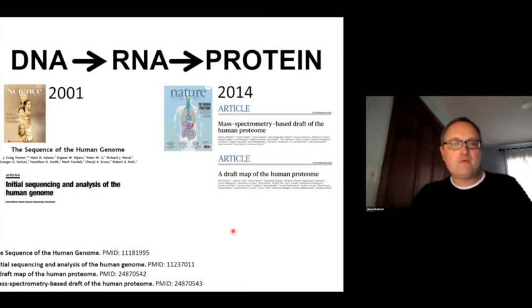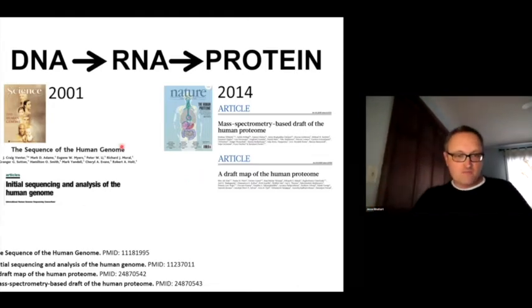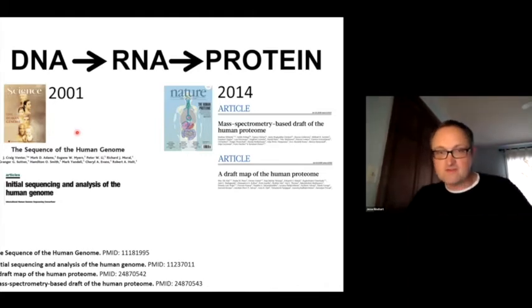An example that I like to point out is comparing the state of the human genome to the state of the human proteome. I'll thread this example from the literature into database examples, but for this lecture, I like to point out that there are big differences from where we were in 2001 with the human genome sequence to just over 5 years ago with what was considered the first draft of the human proteome.